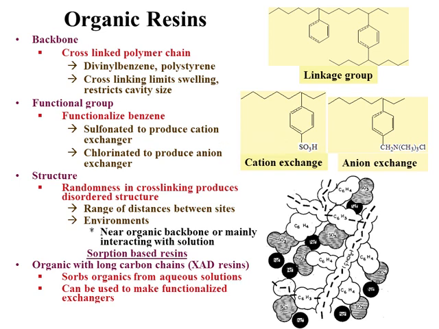Now, because of the cross-linkage and the random nature of that, you also get randomness in the structure of the resin material. So there's a range of distances between sites, and the localized environments can vary a bit within the resin material. You can have some near the organic backbone or mainly interacting with solution.